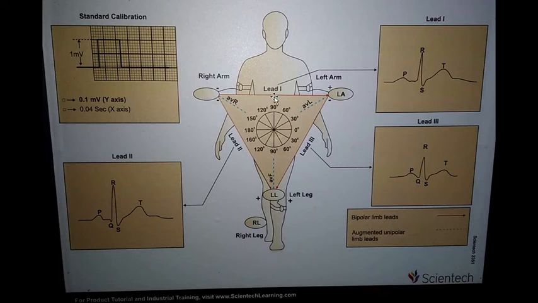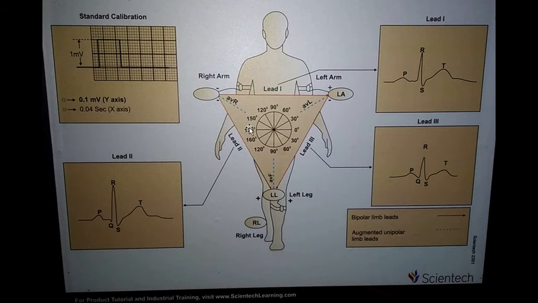According to Einthoven's triangle, we will be connecting the negative terminal on the right arm, which corresponds to the red electrode, while the blue electrode corresponding to positive will be connected on the left arm, and then the black electrode that corresponds to the common or ground will be connected to the left leg.